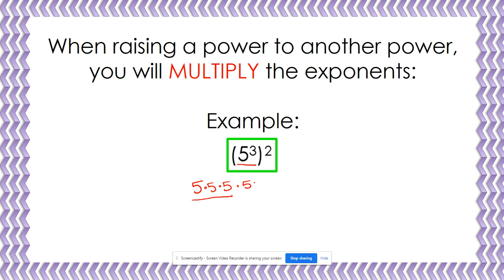When I do that, I notice that I have 6 5s being multiplied together. That means if I wrote this in exponential notation, it would be 5 raised to the 6th power. Or the easier way to do this is when I have a power raised to another power, I take this and multiply, and 3 times 2 gives me an exponent of 6.